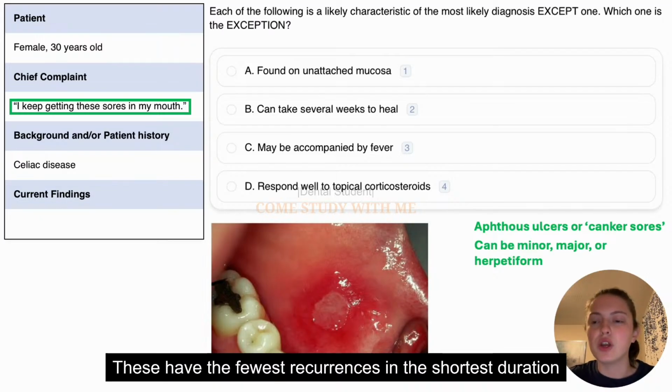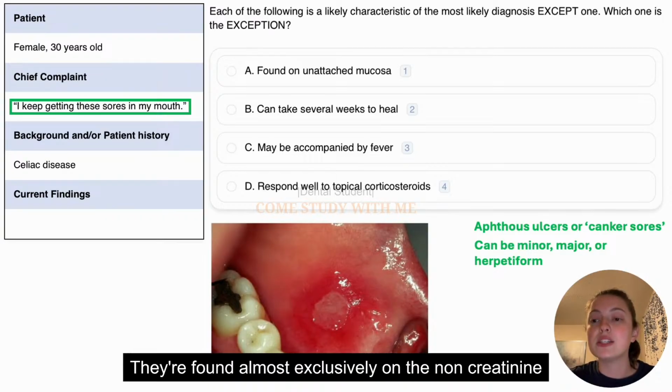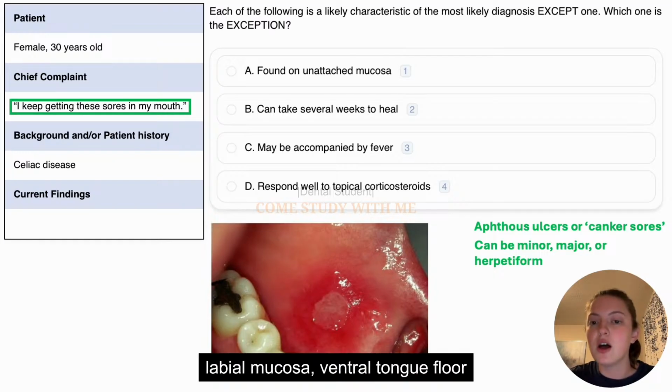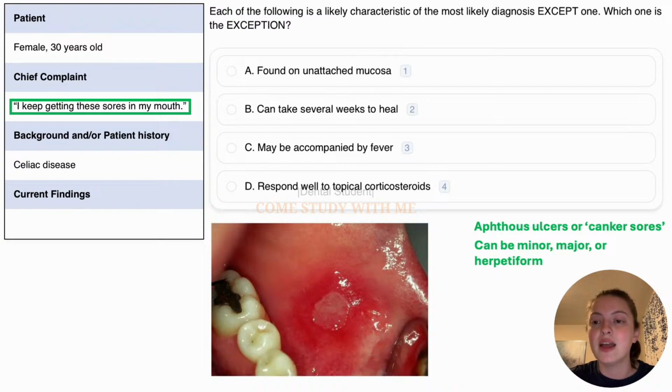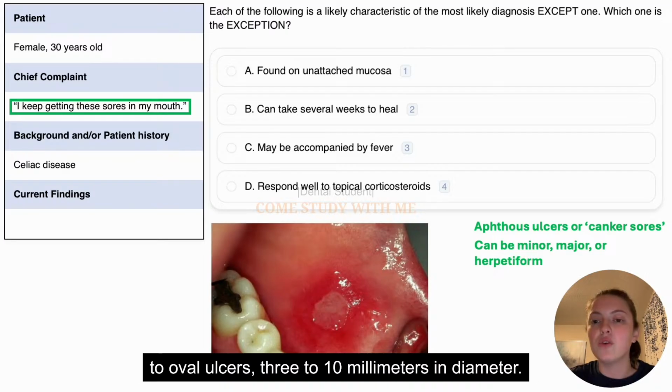These have the fewest recurrences and the shortest duration for the lesions. They're found almost exclusively on the non-keratinized mucosa and are commonly seen on the buccal mucosa, labial mucosa, ventral tongue, floor of the mouth, and soft palate. Clinically, they present as 1 to 5 painful, round to oval ulcers, 3 to 10 millimeters in diameter.